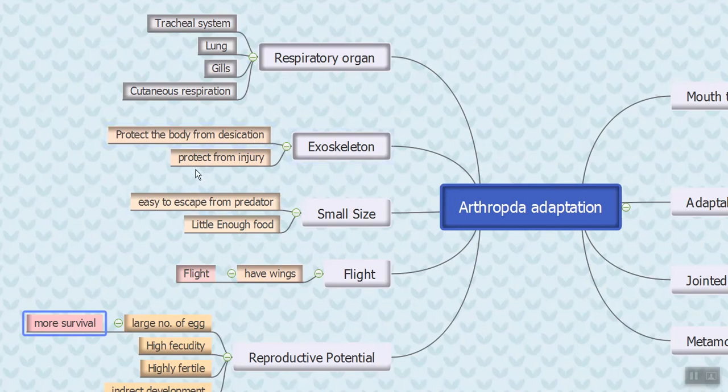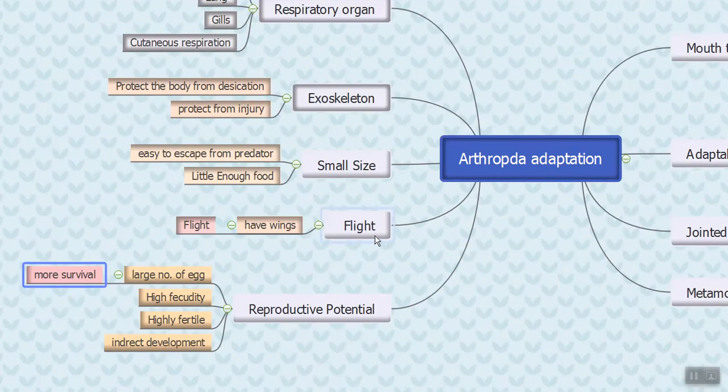These exoskeletons also protect from injury and from predators. Third one, small size. Most of these arthropods are very small, and this allows them to escape from predators, and since they are small, little food is enough for their existence.